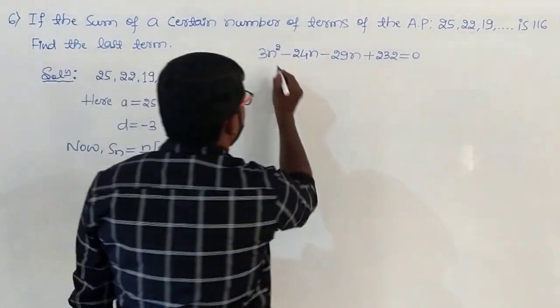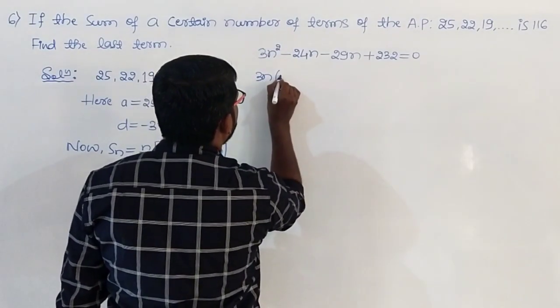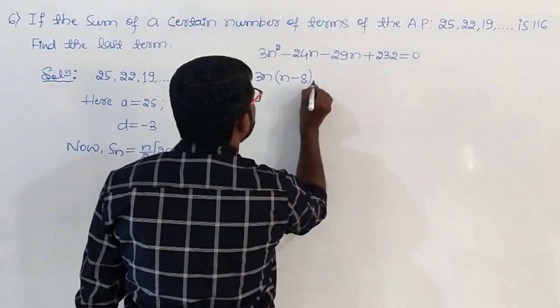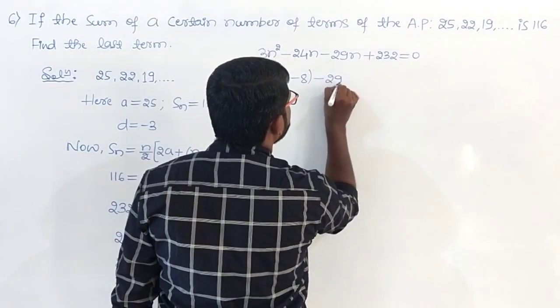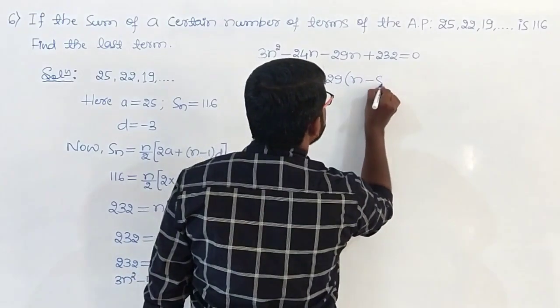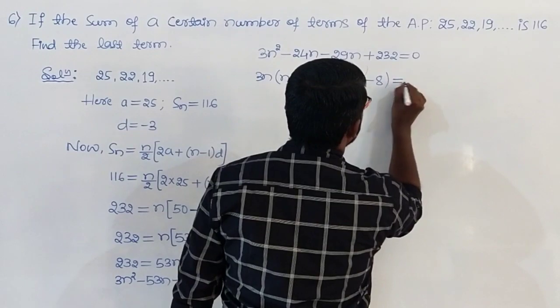So now in these two terms we have 3n common. It is n minus 8. Then here we have minus 29 common. It is n minus 8, which is equals to 0.